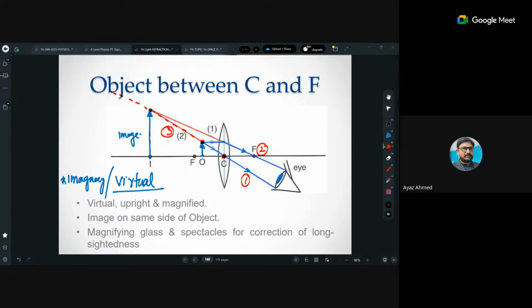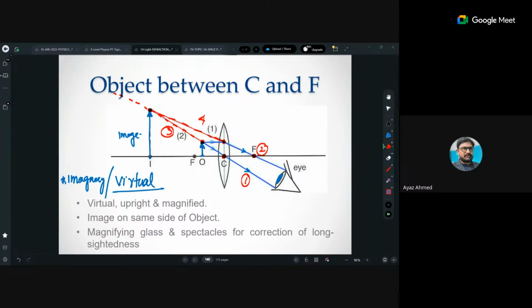And in step number 4, the points that I have mentioned are very important to join. Join this point and this point with the ruler and draw a dotted line behind the object. Wherever they are intersecting each other, here is your image. Is this clear? So this image is real.